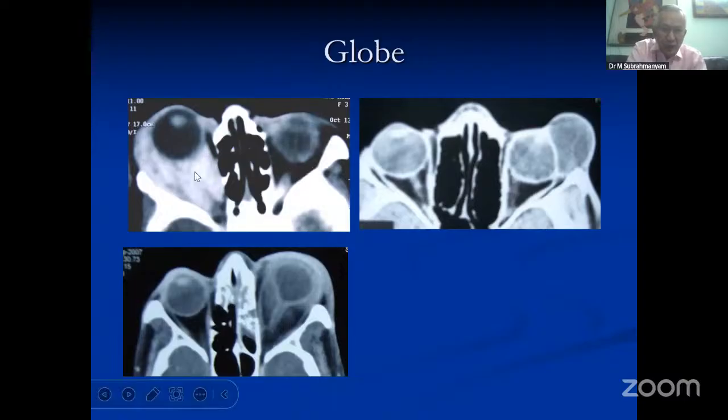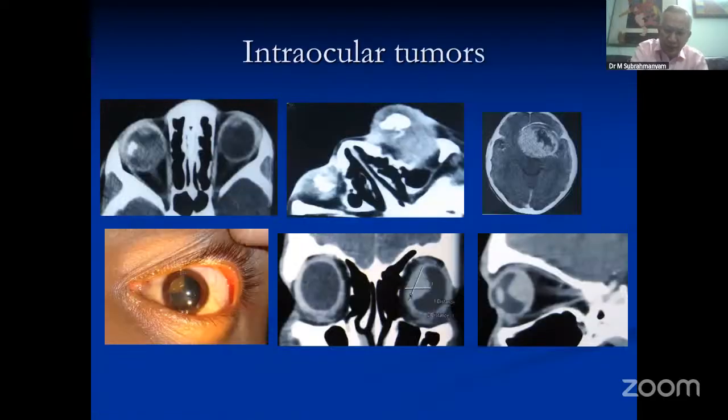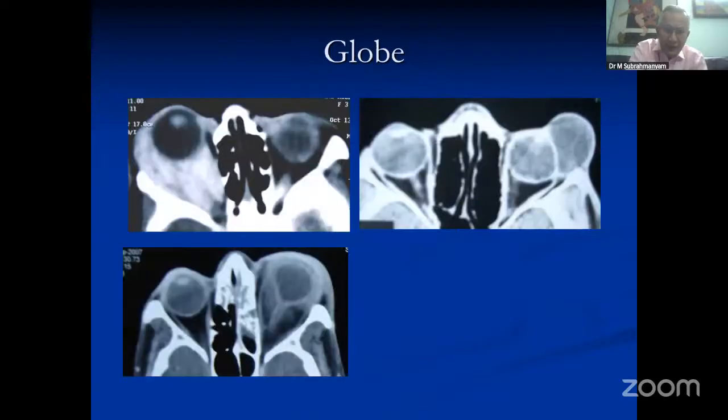Look at the globe and what is happening. When there is a molding like this, it means that it is a very soft tissue that is there. It usually occurs in lymphomas, adenoid cystic carcinoma of the lacrimal gland, and occasionally in fungal granulomas.